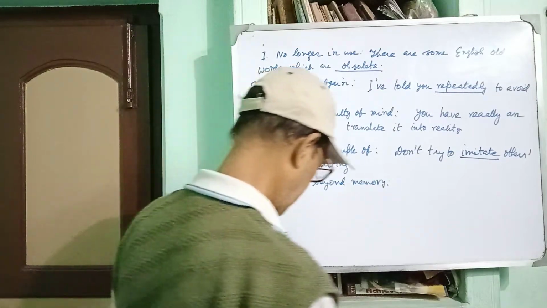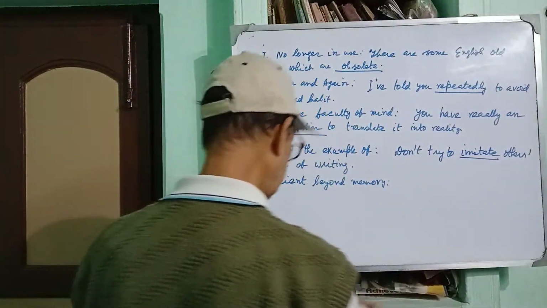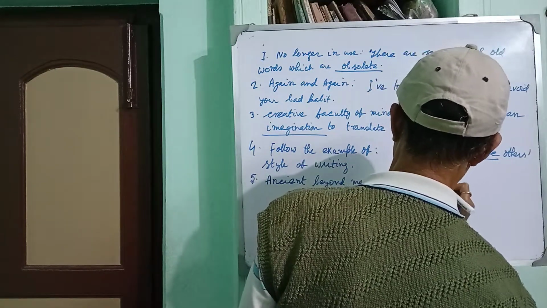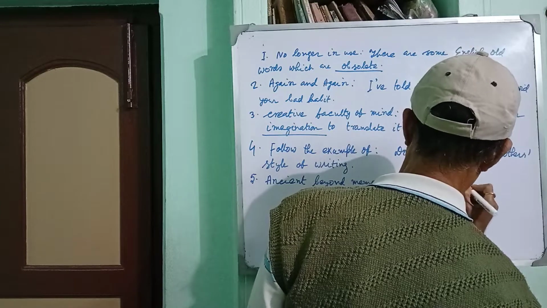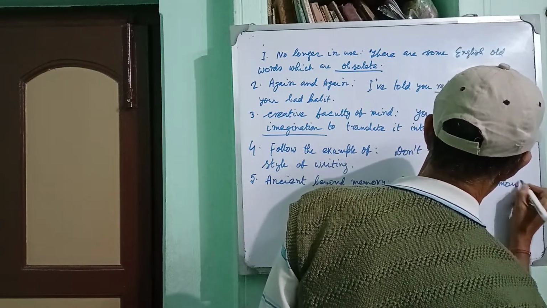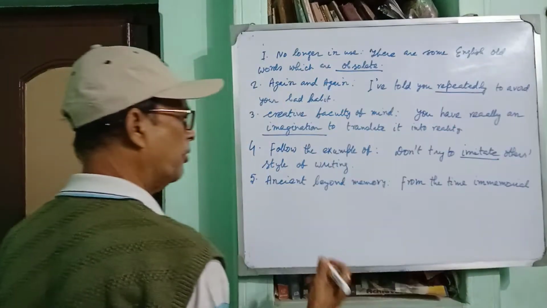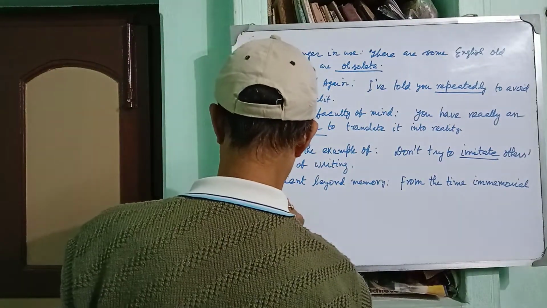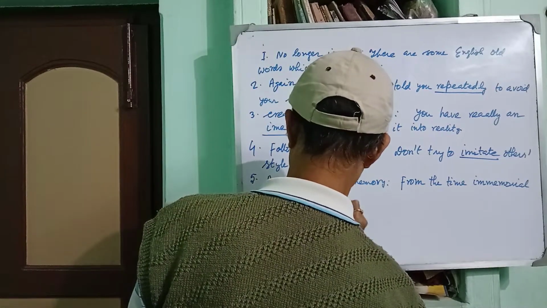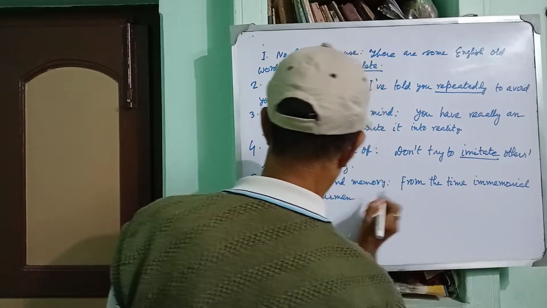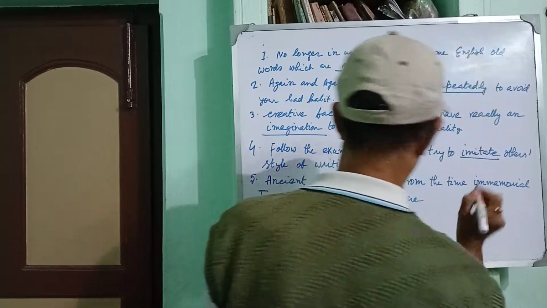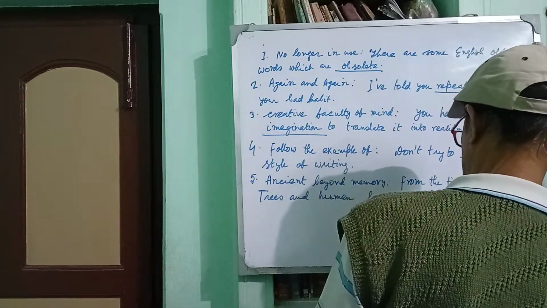For example, you will have to write, from the time immemorial, trees and human beings are umbilically related.